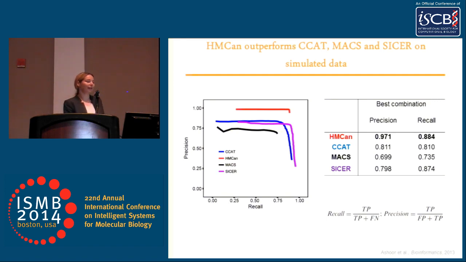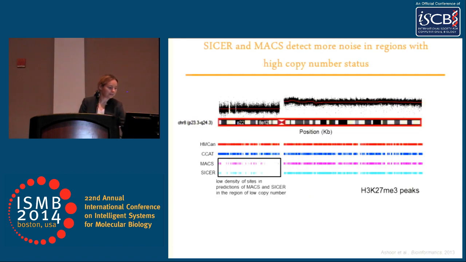So we wanted to compare our tool with others on real data set. Since there was only one tool among these 3 which didn't show copy number bias, we selected only this one for comparison in real data set. But in supplementary figures of our paper, you can find comparison with others as well. So I will show you how we compare HMCAN and CCAT.